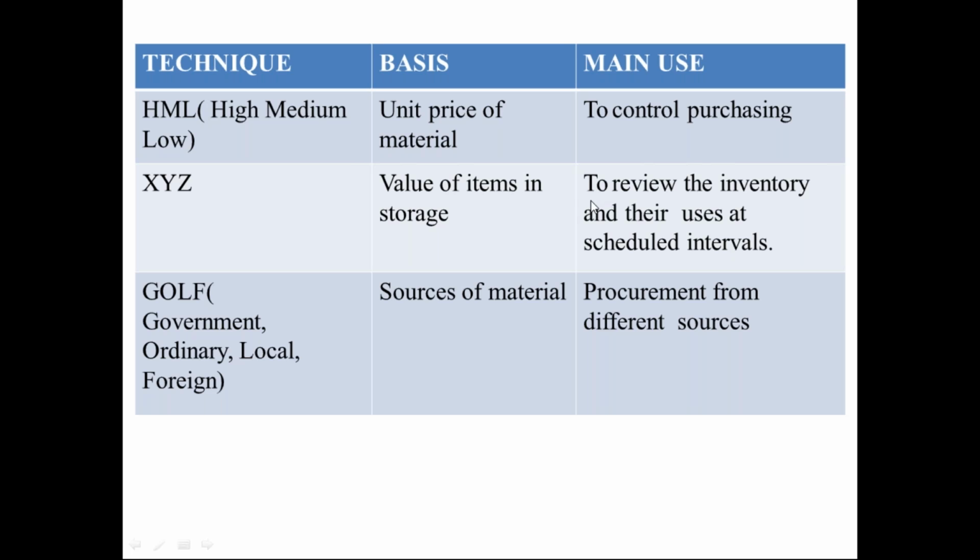The main use is to review the inventory and their uses at the scheduled intervals. And the final technique we'll be seeing is GOLF, that is government, ordinary, local, and foreign. The basis of this material is the sources of material, and the main use of this is the procurement from the different sources. So these are the various techniques we have seen.